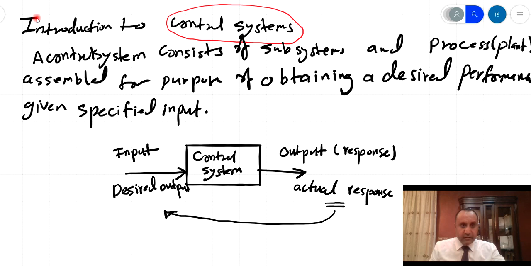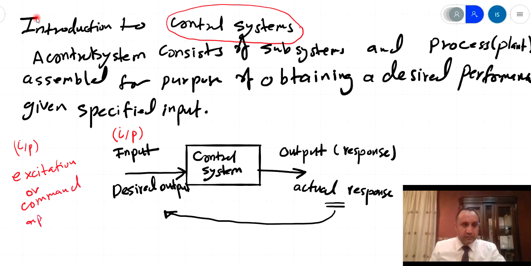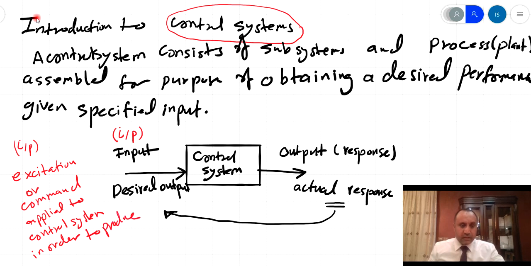For short I can write IP for the input, and I can define the input as excitation or command applied to the control system in order to produce the desired response.